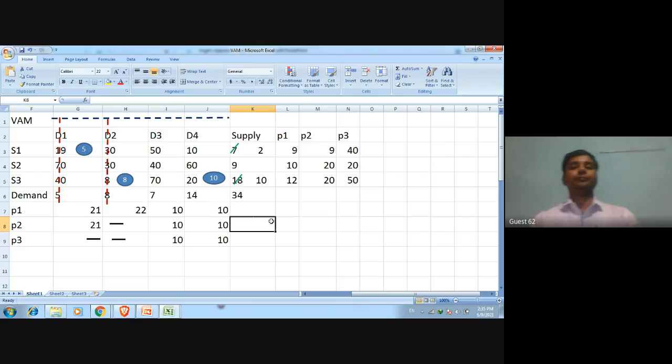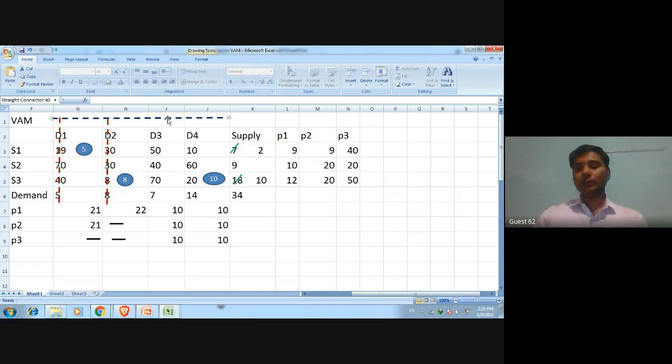Now, since plant S3 has supplied all its units to D4, how many units are left with plant S3? None. So we will draw a horizontal line from S3.